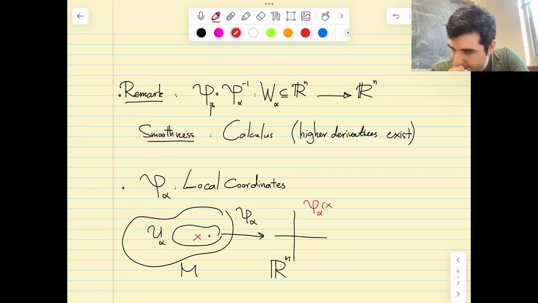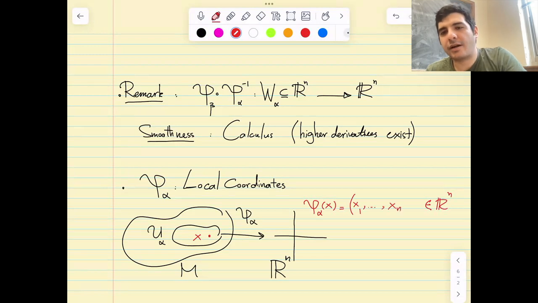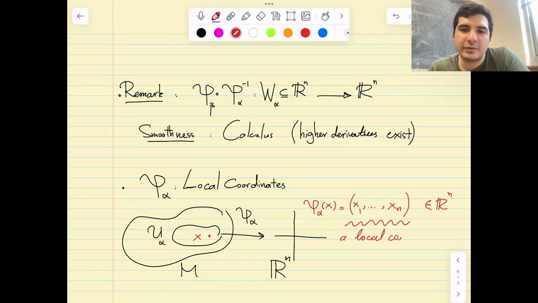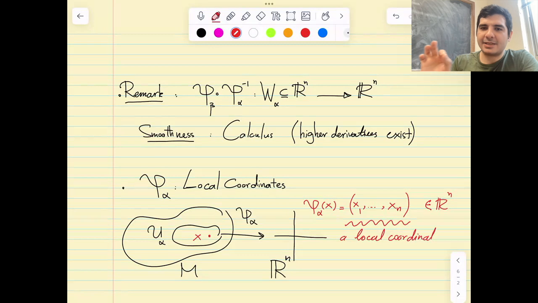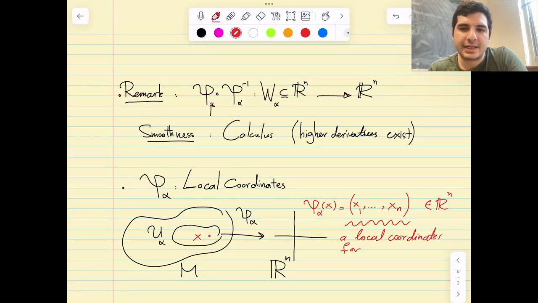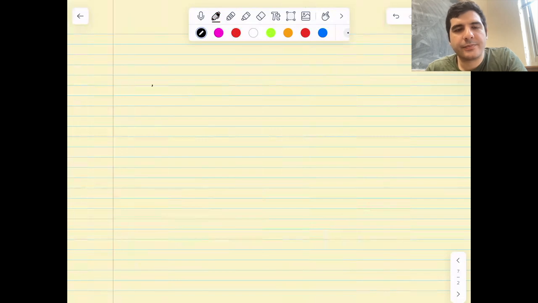So let's say we have a point x. phi alpha of x is a point in Rn, so it's given by an n-tuple, x1 to xn. I can call that a local coordinate for x. This is defined locally. In general, you cannot have a global coordinate, but locally we can do this. So these are local coordinates for x.